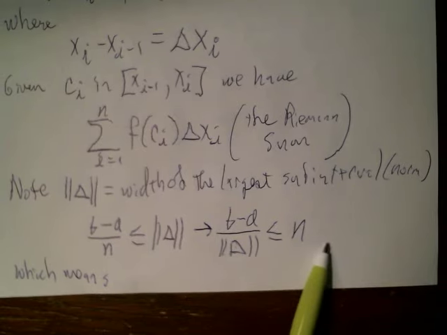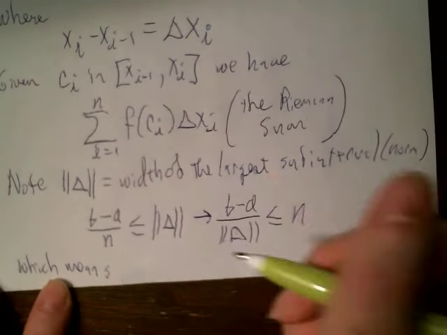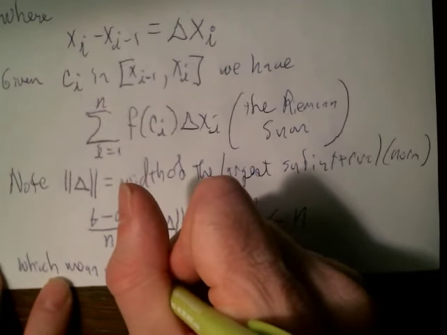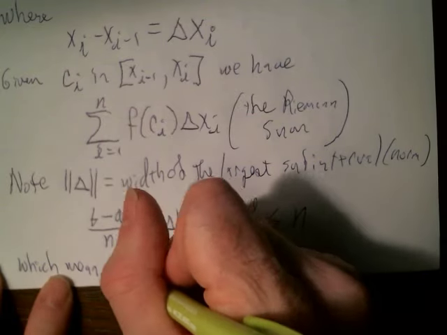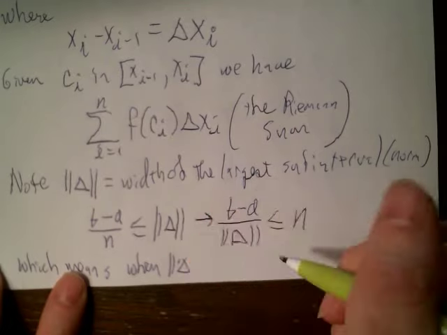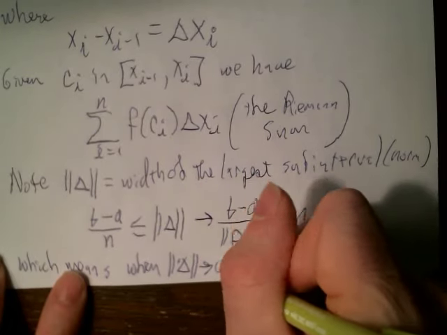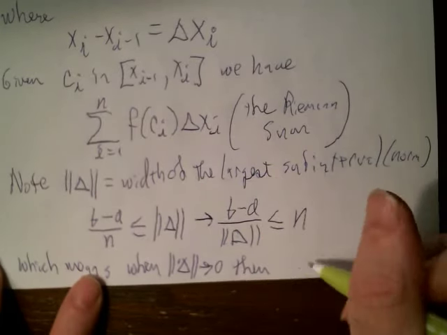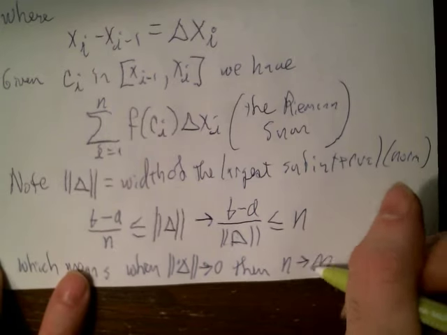Okay? And that'll force n to go to infinity, which means when the norm goes to 0, then n will be forced to go to infinity.